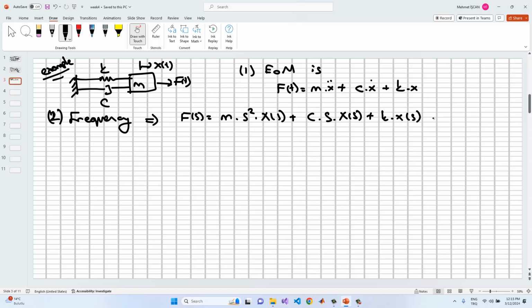After that we can redefine this equation by reorganizing all the coefficients, and then we can write that X(s) divided by F(s) is equal to 1 divided by m s squared plus c s plus k.